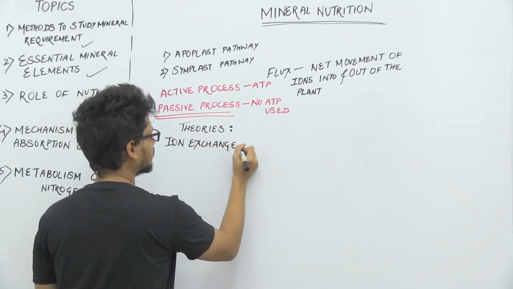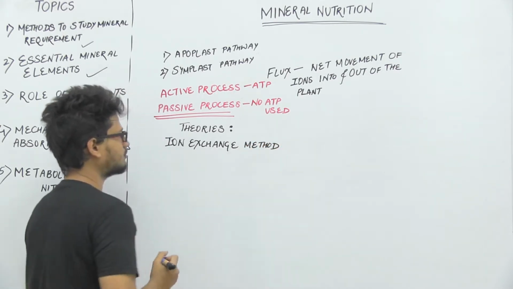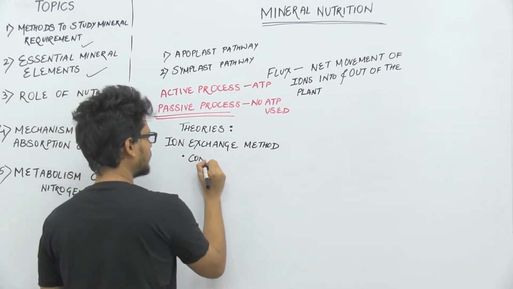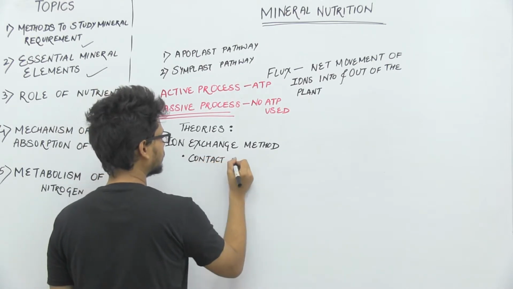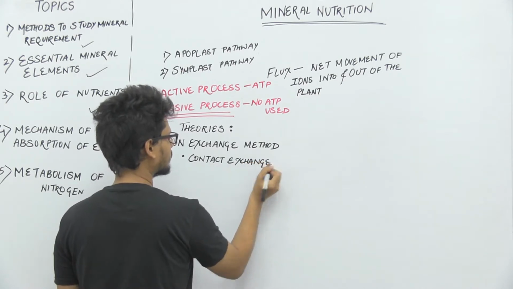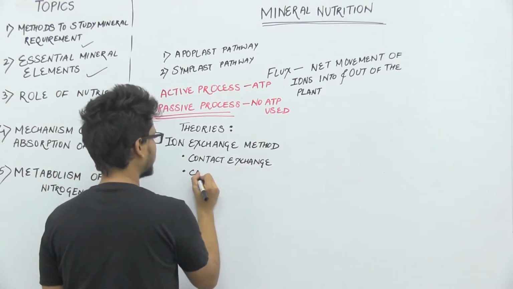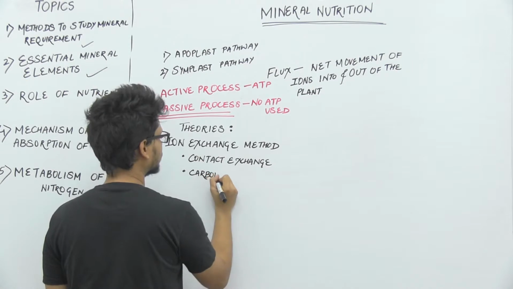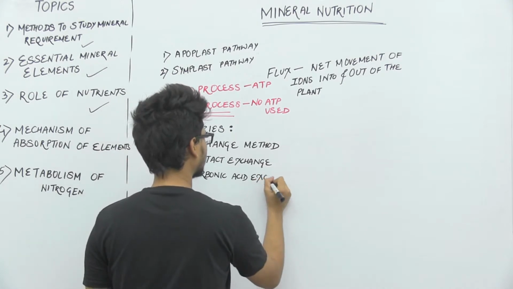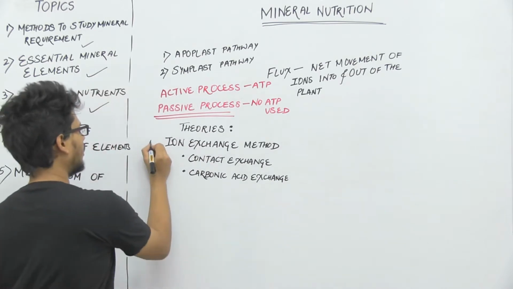The first method is known as ion exchange method. It has two parts: contact exchange and second is carbonic acid exchange. This is the first one.